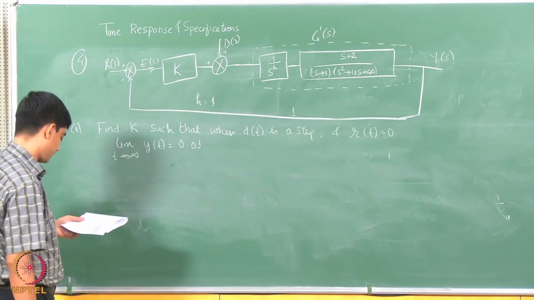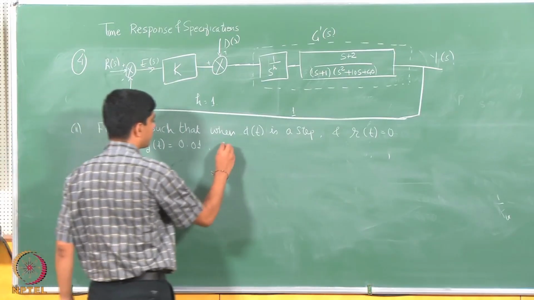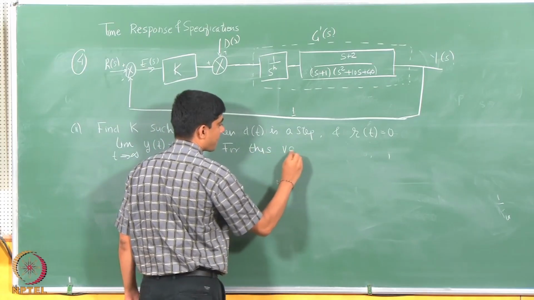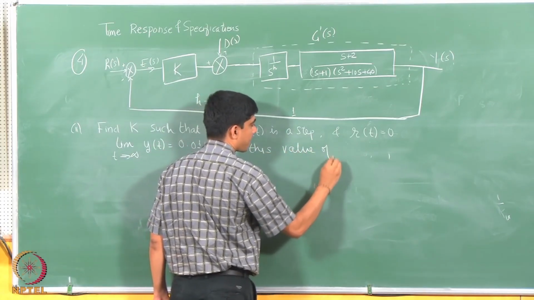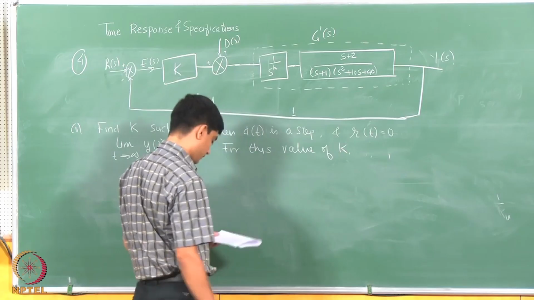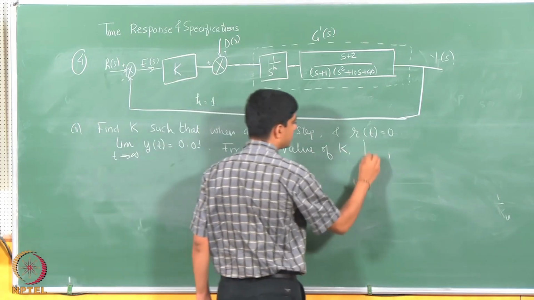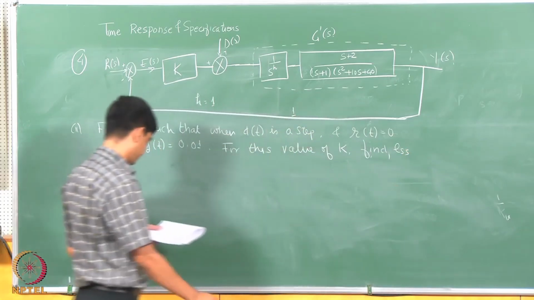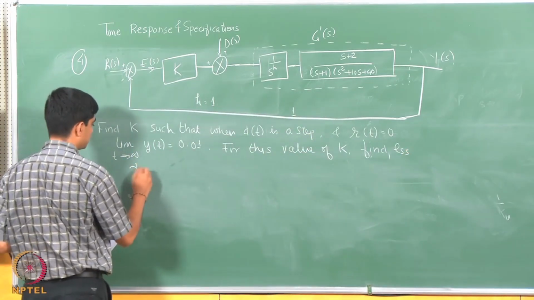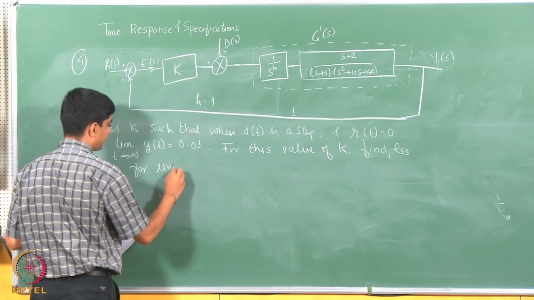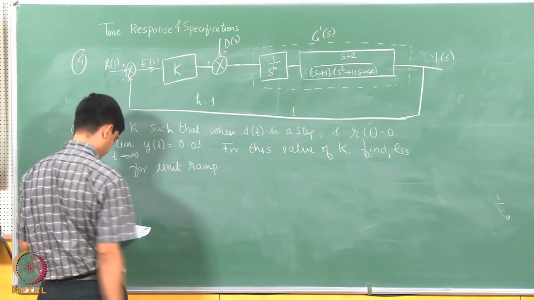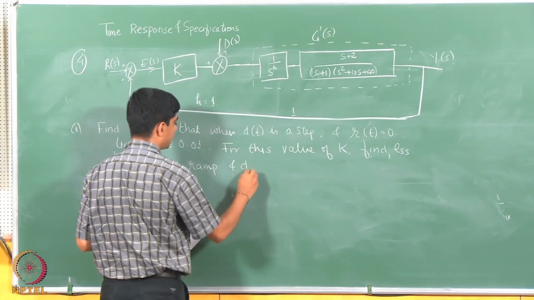Now, after this, for this value of k, find the steady state error for a unit ramp and d(t) equal to 0.